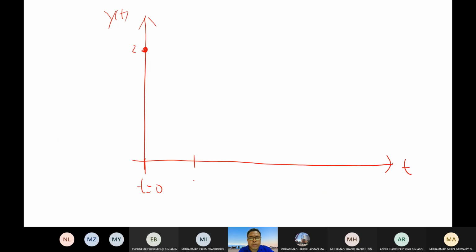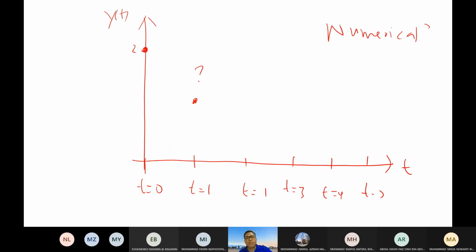And let's say the next points that I want the solution for are 1, 2, 3, 4, and 5. So we want to know by numerical approach what is my value of y when t is equal to 1? I do not know. So in order to know this, we have to perform numerical approach.